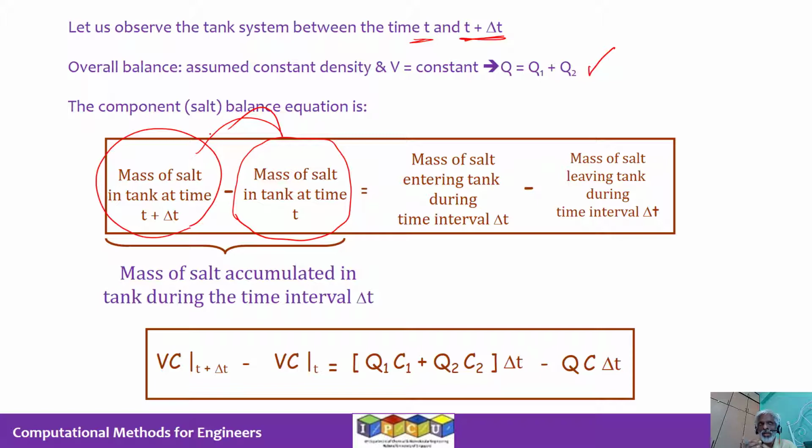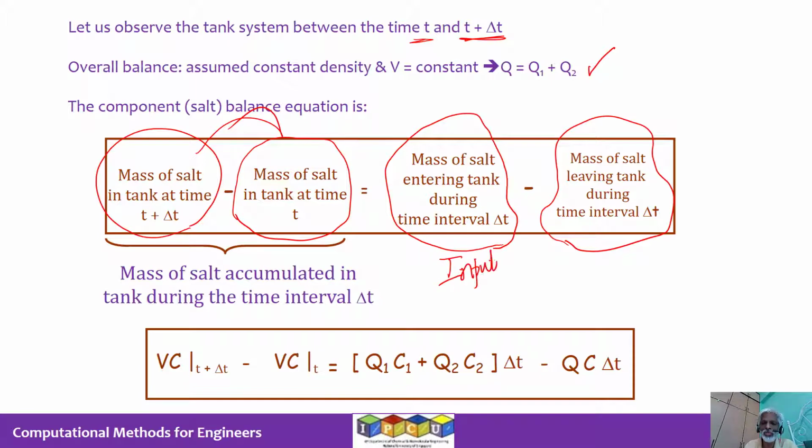Now, on the boundaries, there are streams that bring in salt and there are streams that remove salt. What is the mass of salt that enters the tank via the inlet streams during the time interval delta t, minus the mass of salt leaving the tank during this time interval delta t via the exit stream? This is like the income of salt. It comes from two sources.